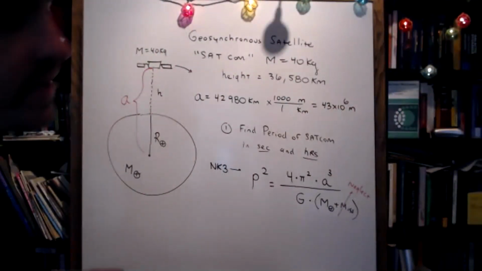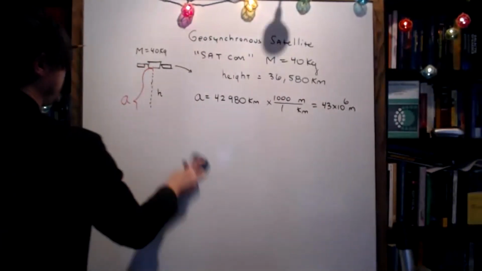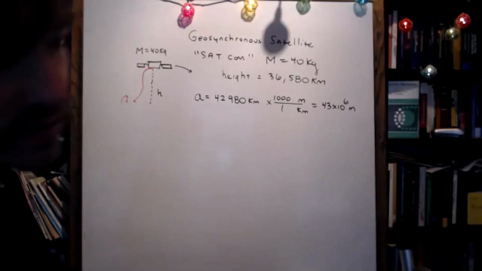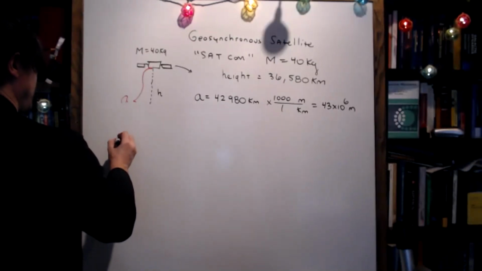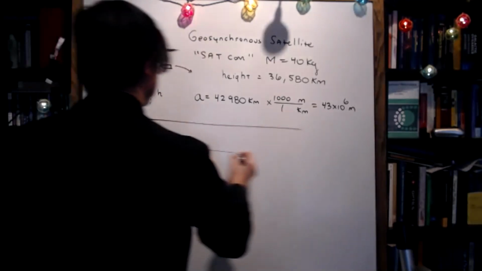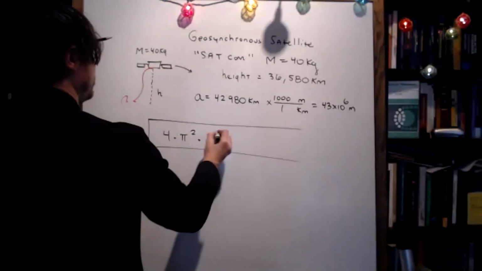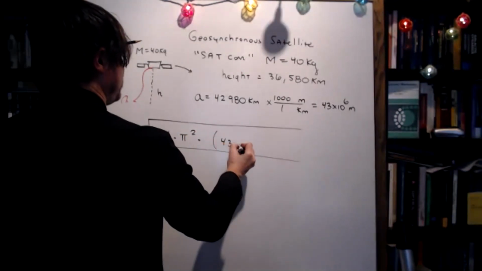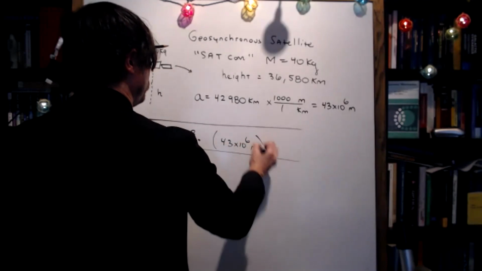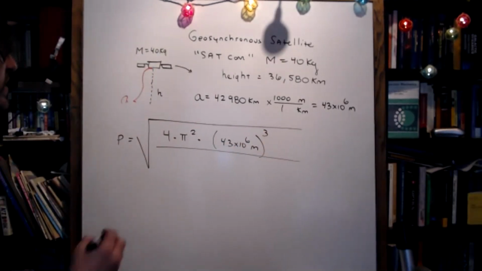Okay. Now we got to set up our equation. I'm going to put the square root on the other side because that's how we did it in our lab. P is the nice big neat square root of 4 times pi squared times 43 million meters cubed divided by big G, which we can look up on the formula sheet.